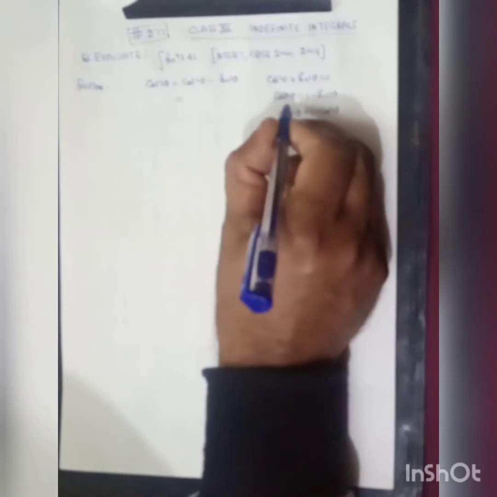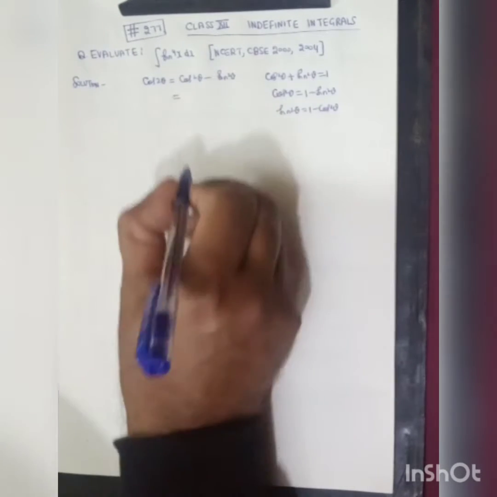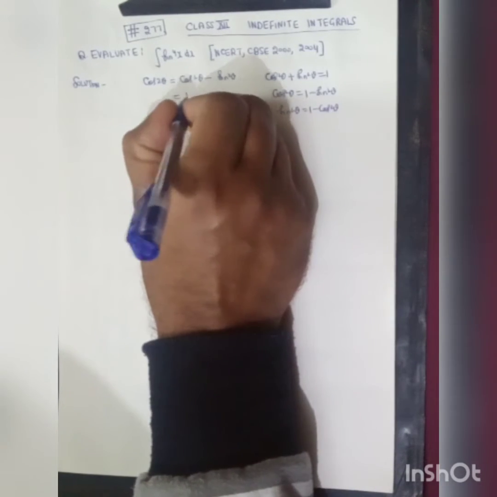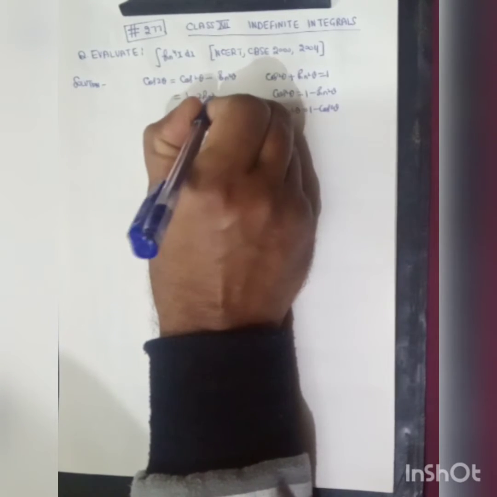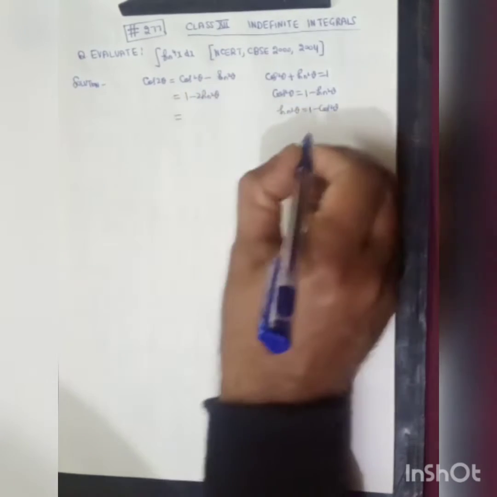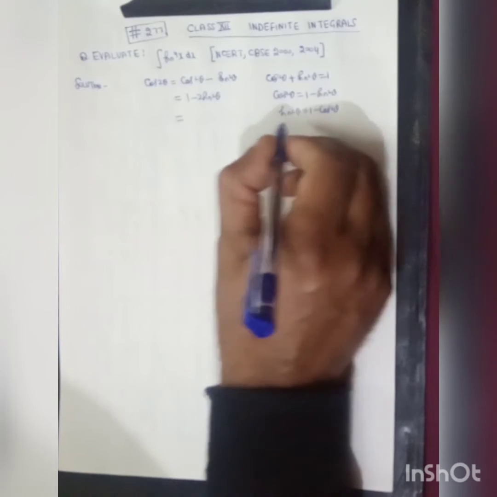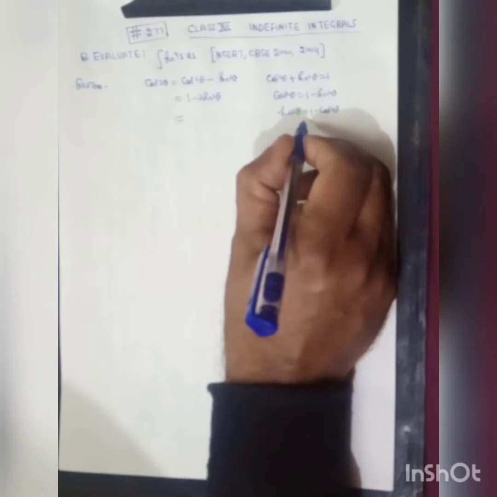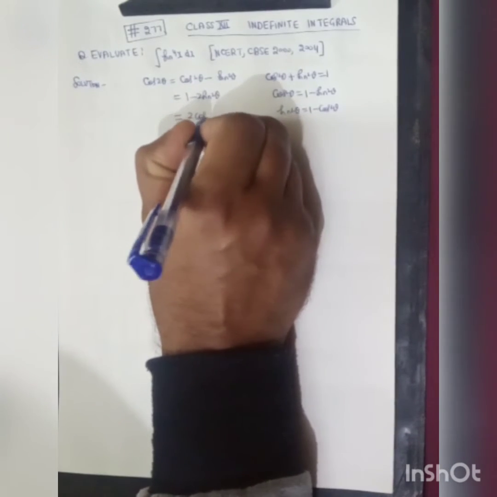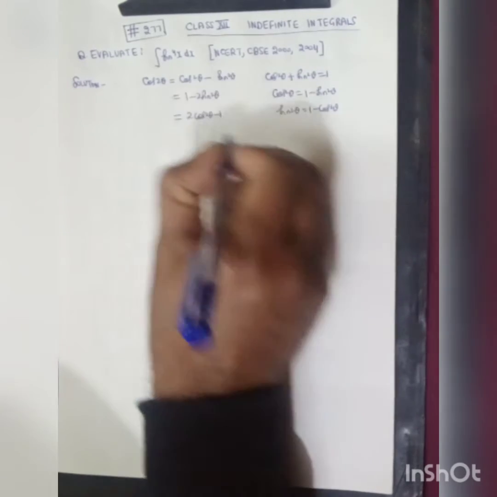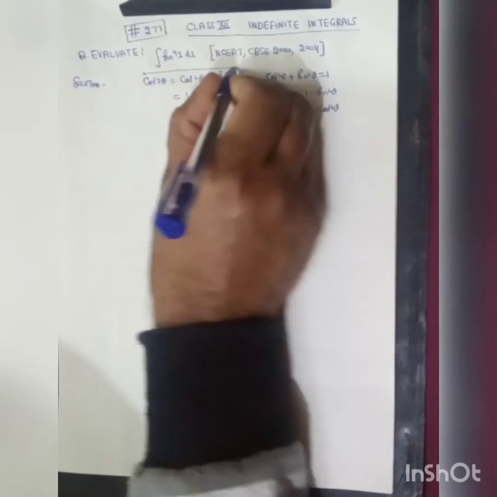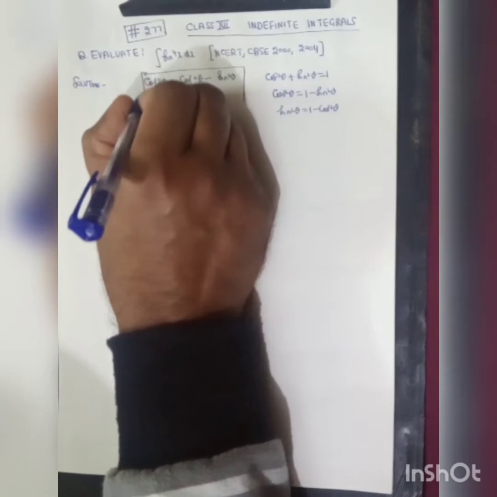So on putting the values, it can be written as 1 minus 2 sin²θ, and also as 2 cos²θ minus 1. These are the formulae that we will use in evaluating this integration.